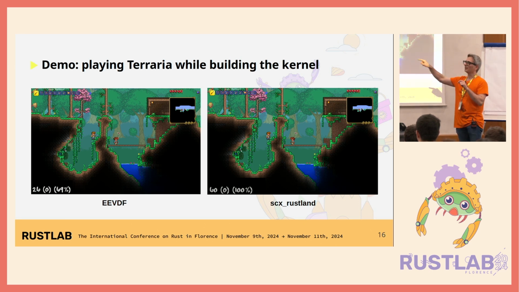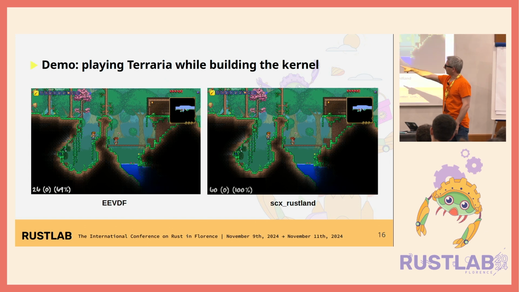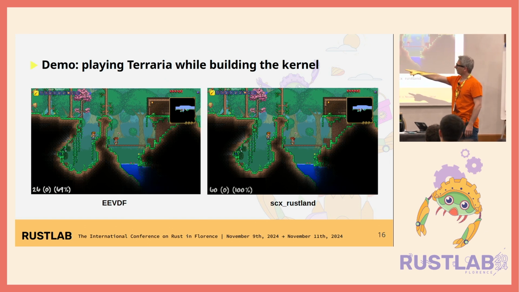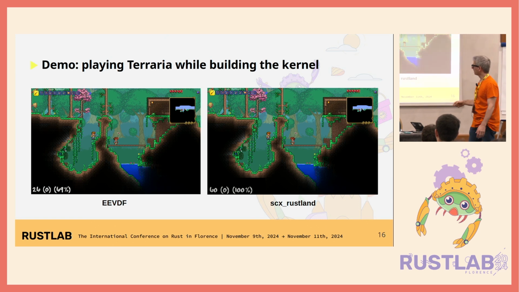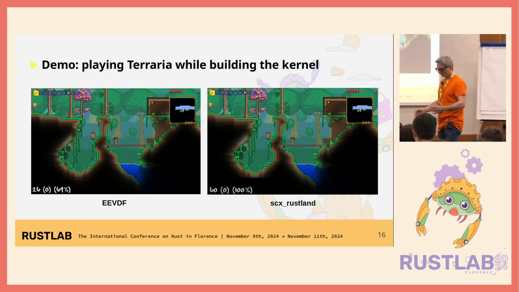There is an in-game FPS counter in the bottom left. While building the kernel, you can see that I was doing like 26 FPS with the in-kernel scheduler, and with my user space Rust scheduler, I was actually doing 60 FPS while building the kernel.